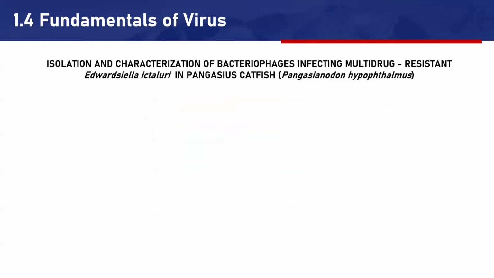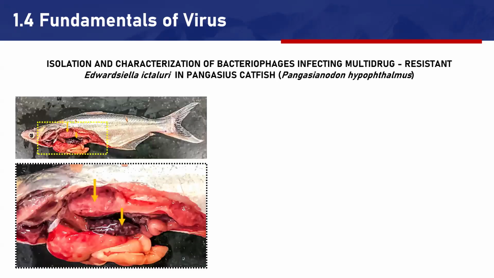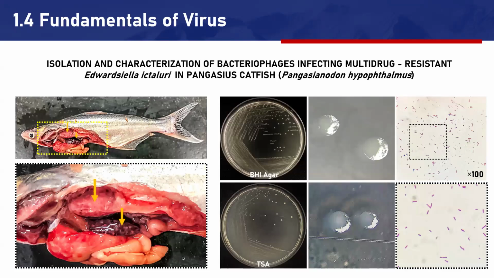And the second one, I would like to give you the example of the isolation and characterization of the bacteriophage infecting multi-drug resistant Edwardsiella ictaluri in Bangladesh catfish. So we go for the farm sampling, and we isolate the bacteria, Edwardsiella ictaluri, inside the internal organs of the Bangladesh catfish.